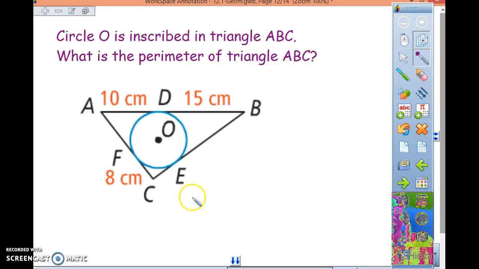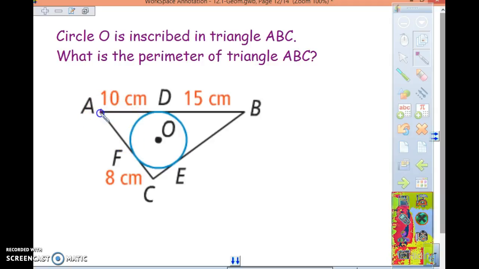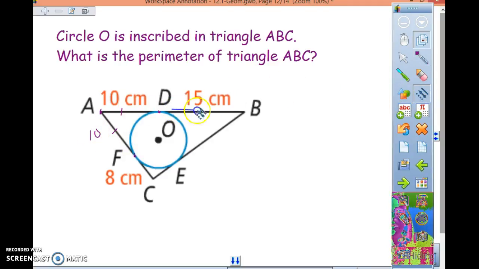So looking at our example, circle O is inscribed in triangle ABC. What is the perimeter of that triangle? Well, using the theorems we were just talking about, here is a spot outside of a circle. It's tangent at D and it's tangent at F. So then these lengths are the same. So this would be 10 and 10. 15 occurs here, so 15 would also occur at BE.